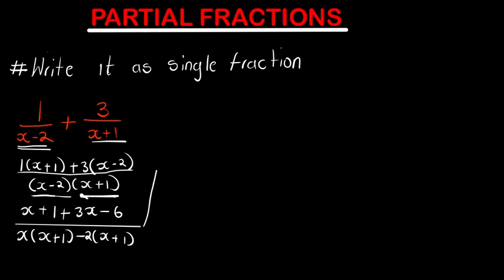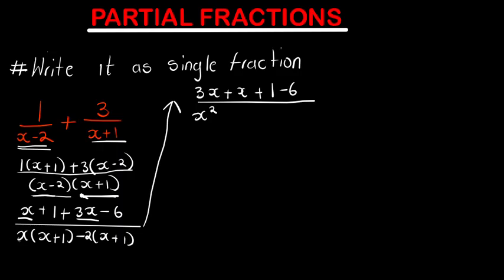After you have done that, let's go to the next step. I will write the like terms together on the numerator. So I have x and I have 3x, so let me write 3x plus x, then plus 1 minus 6. Then I will have x times x, which is x squared, then x times 1, which is plus x, then negative 2 times x, which is negative 2x, then negative 2 times 1, so you have negative 2.